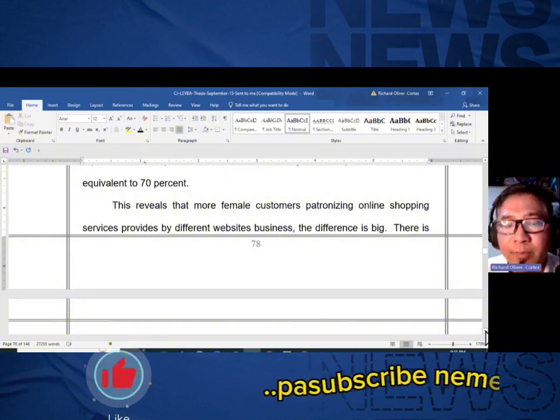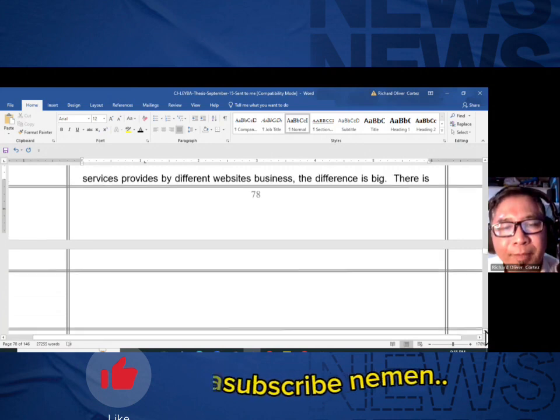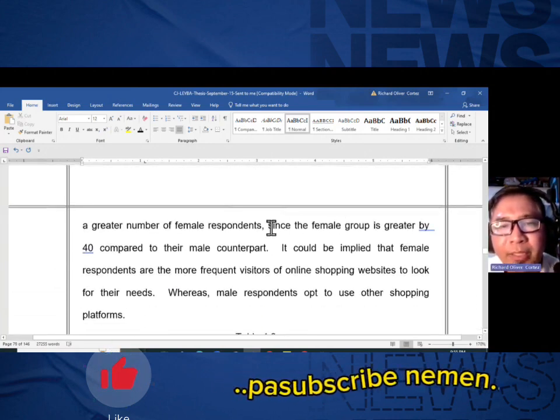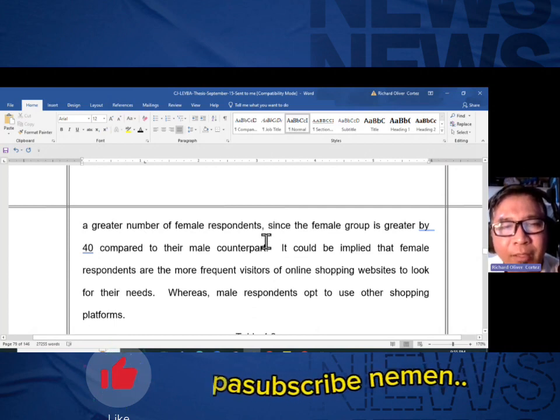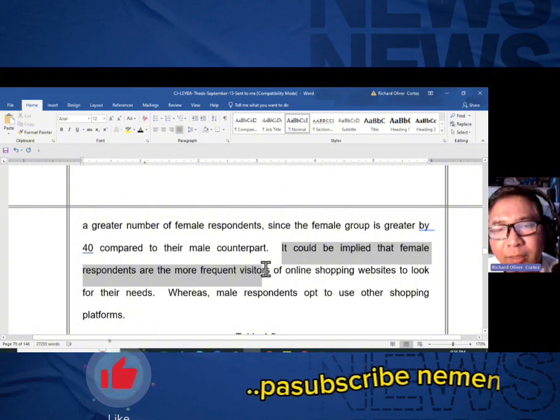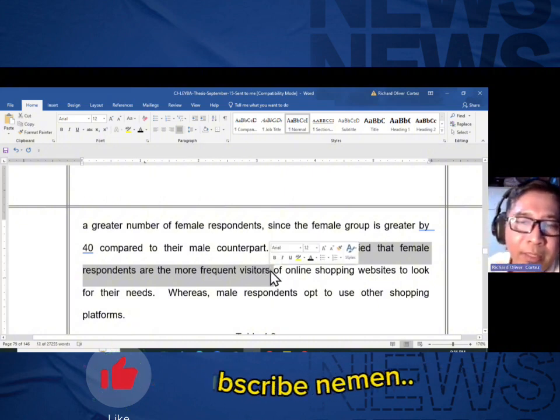That is the reason there are more shoppers among women. How many are the men? Since the female group is greater by 40 compared to the male counterpart, it could be implied that female respondents are the more frequent visitors of online shopping.